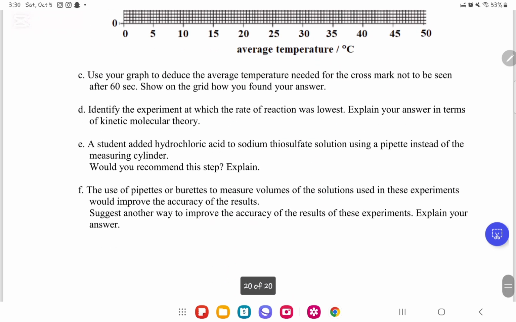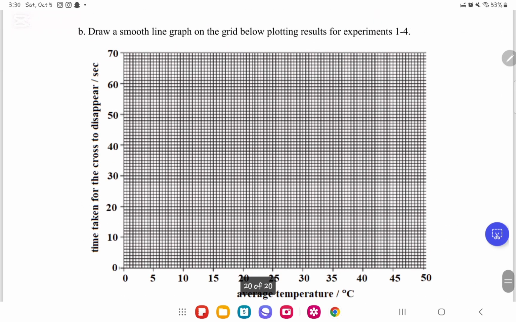Part C. Use your graph to deduce the average temperature needed for the cross mark not to be seen after 60 seconds. So, bad thing we removed the graph. Let me redraw it again. So this was the graph we had from before. They're telling us to find at 60 seconds the average temperature.